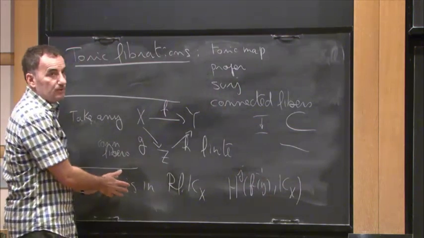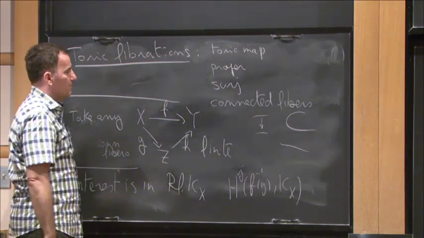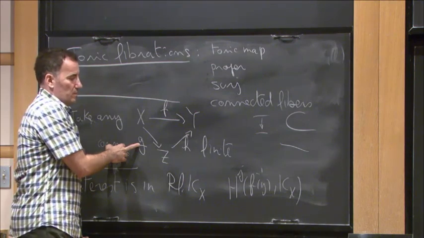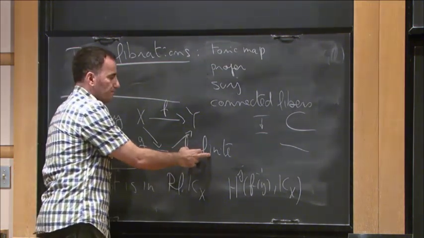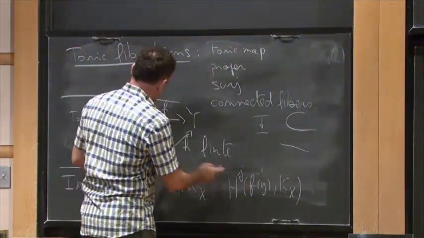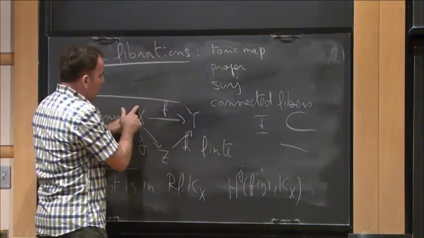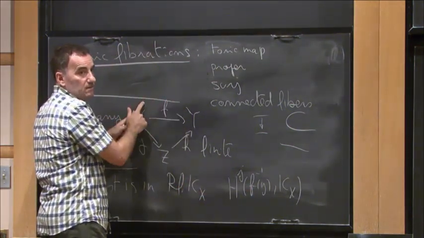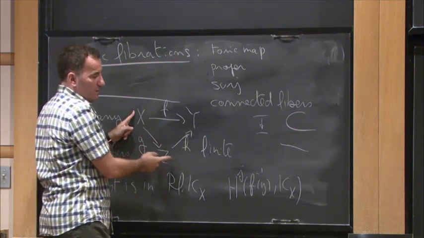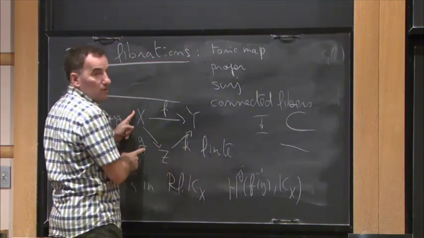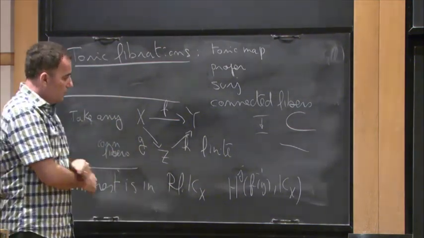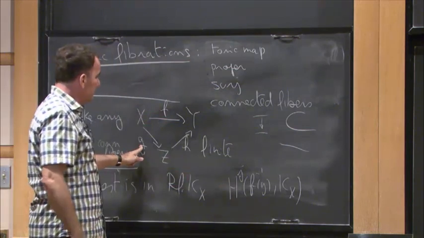So if this is my interest, then I claim it's enough to study fibrations. Because if you take a finite map, the irreducible components of the fibers of this are just the fibers of this. So if I'm interested in this, it's enough to look at this. Makes sense? So if I'm interested in this, it's enough to look at these.